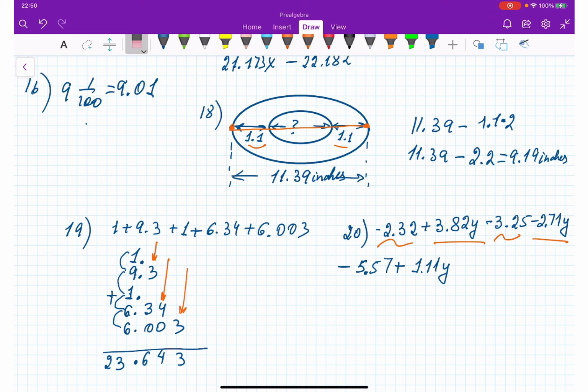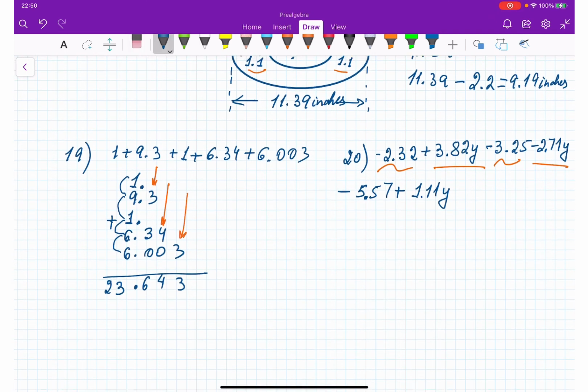Next, 21. We have negative 8.53 plus 6.78y minus 2.31 minus 2.58y.